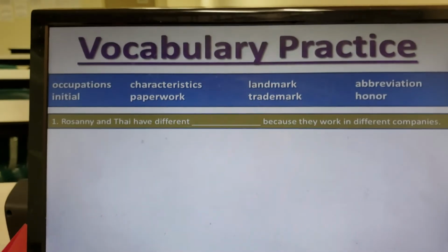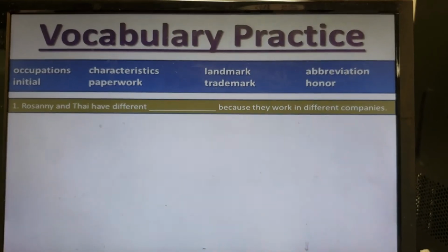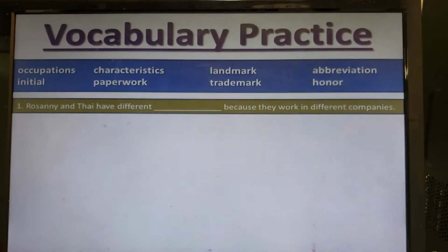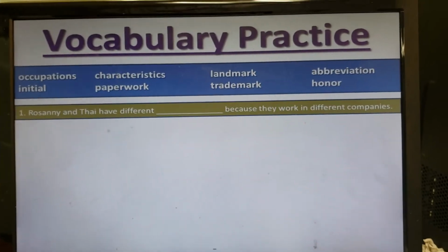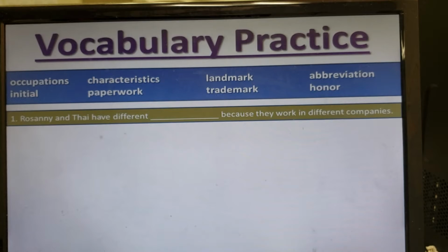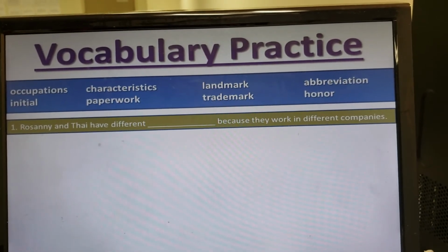Now, I want you to see if you can use the words up here on the top in white and fill in the lines as you see. Rosani and Tai have different blank because they work in different companies.